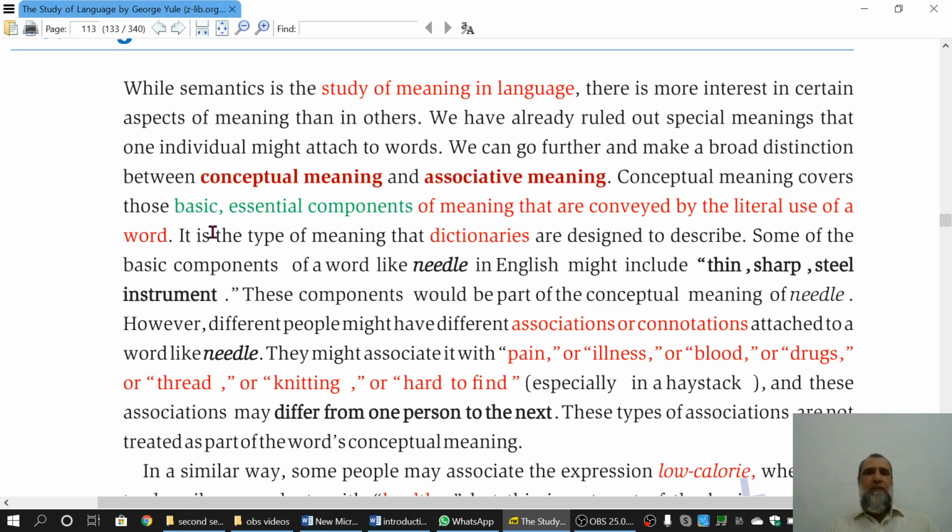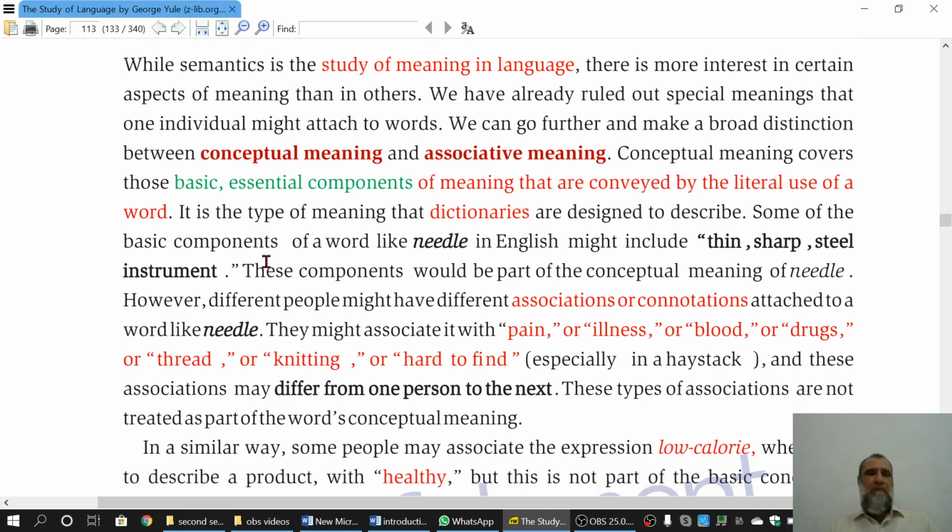So it is the basic meaning, it is the essential component of a word, and we find it in the literal use of a word. So this is one thing we should know about the conceptual meaning, that it is the basic meaning of a word, sentence, or phrase, and it is the essential component of meaning which is conveyed by the literal use of a word.